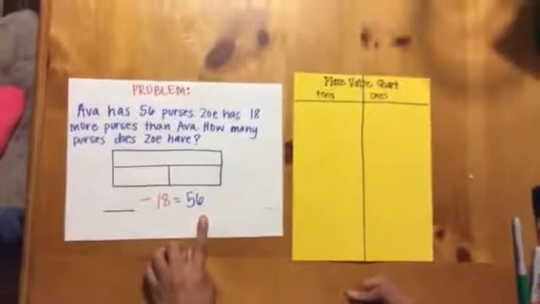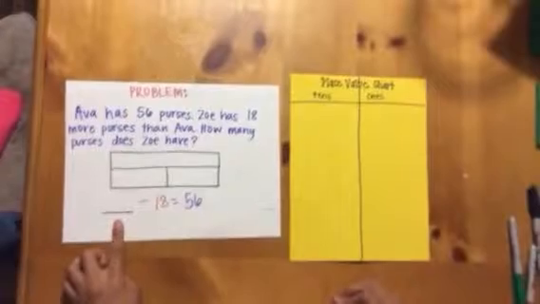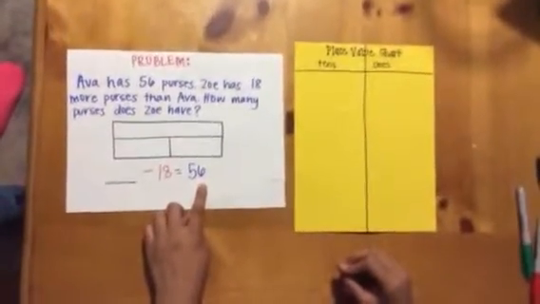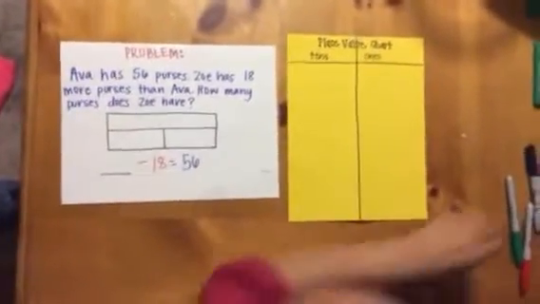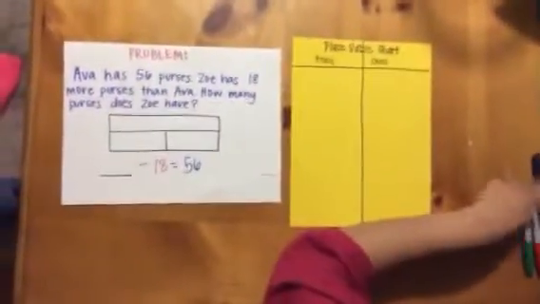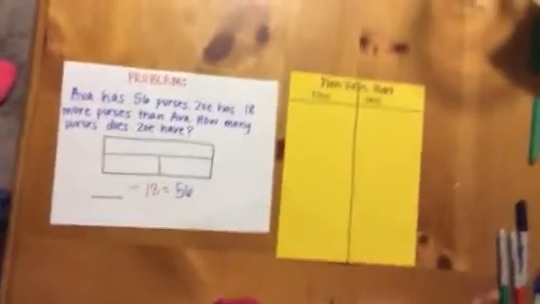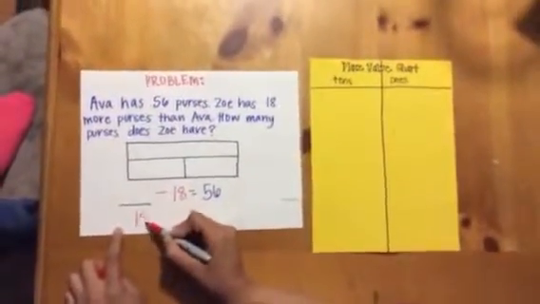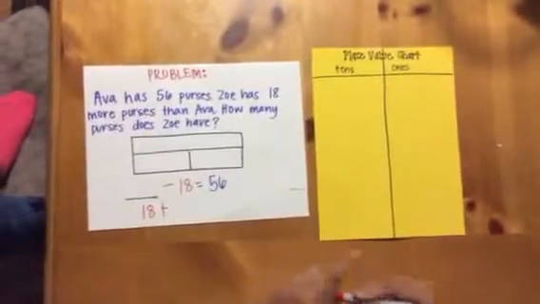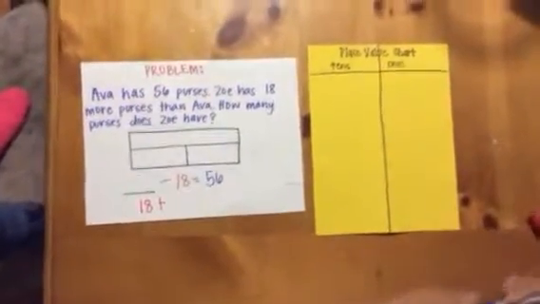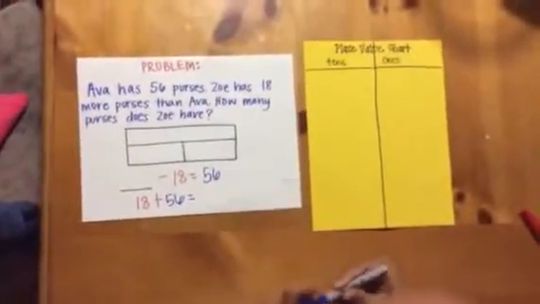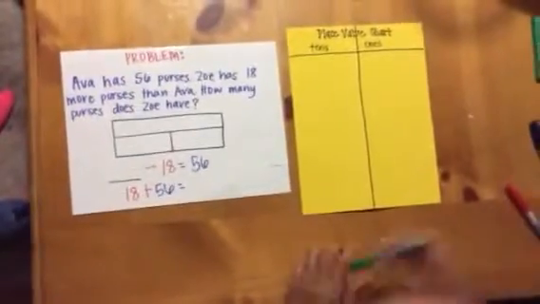So another way that we can read this is the number of purses Zoe has minus 18 will equal the number of purses Ava has. In other words, we're going to rewrite this as a reversal, meaning the subtraction sign is going to be an addition sign, by doing 18 plus 56 will give us the number of purses that Zoe has.